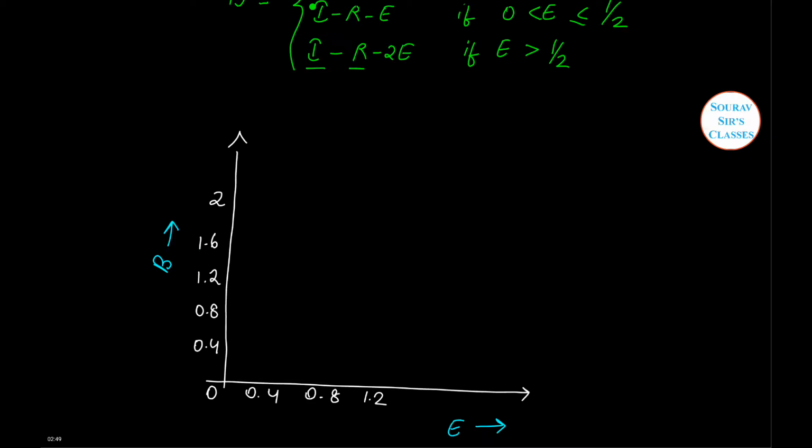So here I have drawn a graph where I am measuring butter on the vertical axis and electricity on the horizontal axis. Now from the budget line, we will get several points.